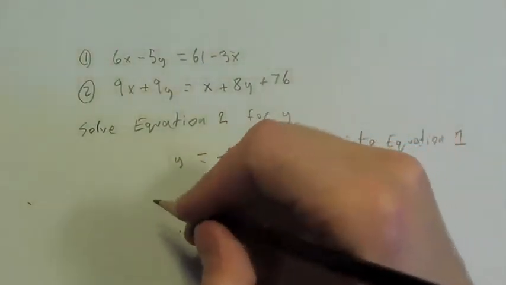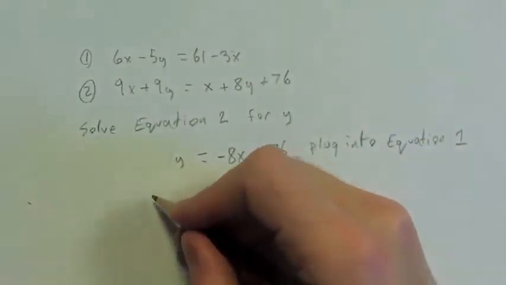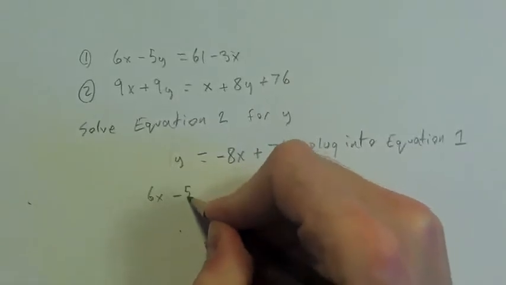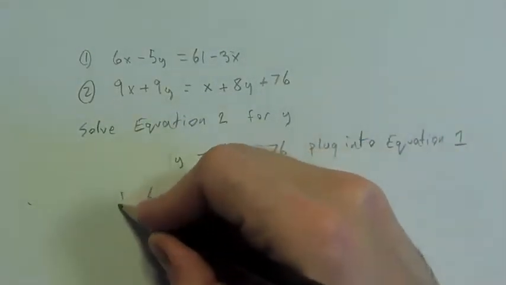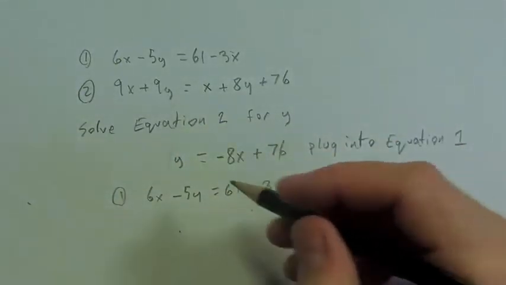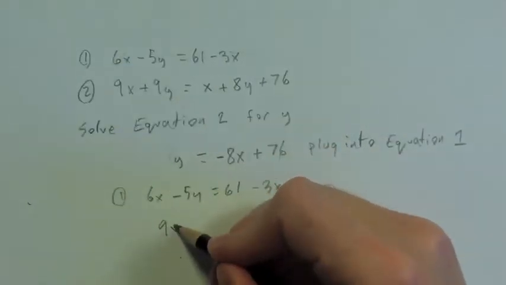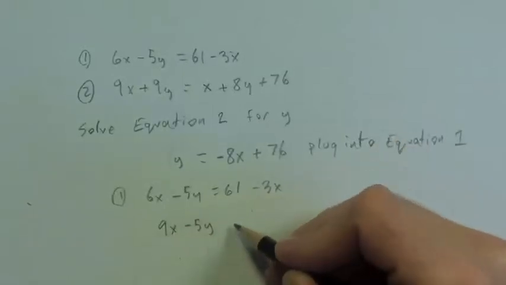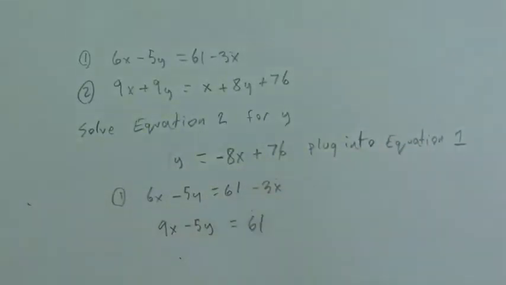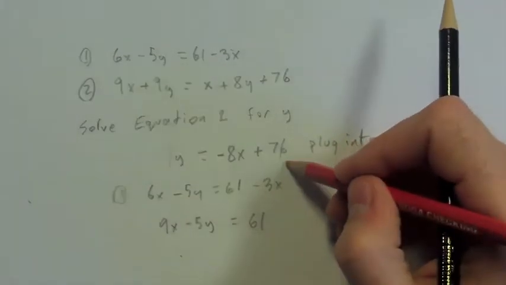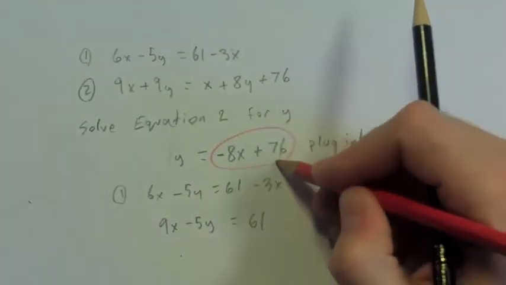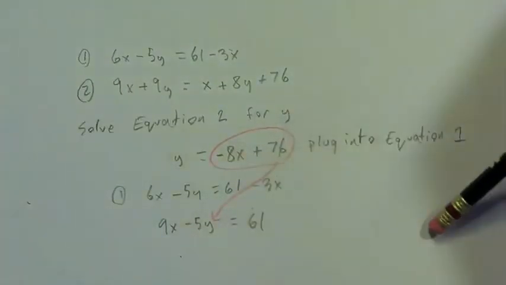So equation 1 is 6x minus 5y is equal to 61 minus 3x. And I'm going to move that 3x over, so I have 9x minus 5y is equal to 61. You can do this for all your equations before you start doing stuff. And then we will plug this y in to our y.